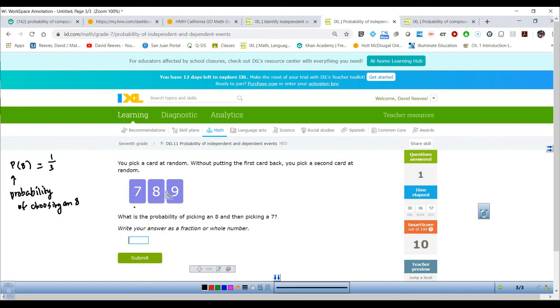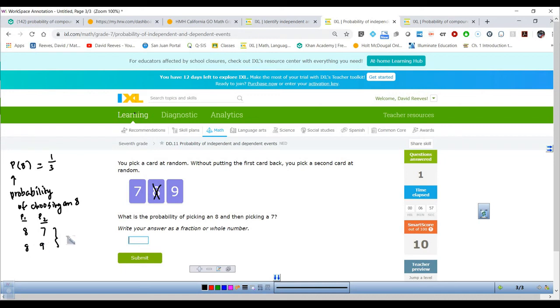All right, so we picked the 8. It is now gone, right? So what are our remaining choices? Well, now there are 2 left, right? So again, if we're going to call this P1 for pick 1, and P2 for pick 2, and we're saying our pick 1 was an 8, then pick 2 could be a 7, or pick 2 could be a 9, right?